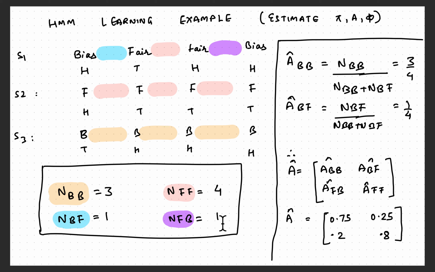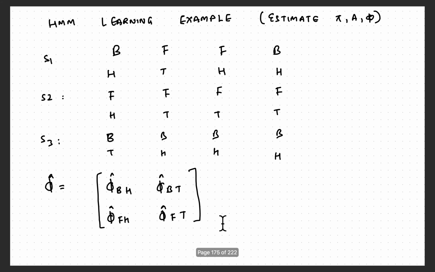Right? And now coming to the final set of parameters that we want to learn, which is phi. So how many parameters in the phi matrix do you think we need to learn? We have 2 observation symbols, head or tail, and we have 2 different states, bias or fair.